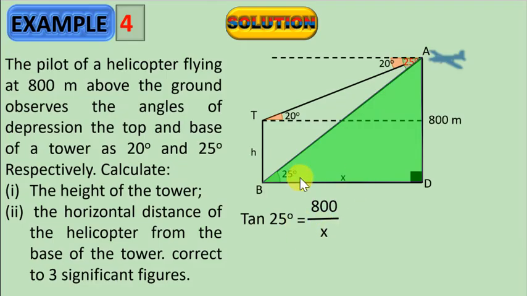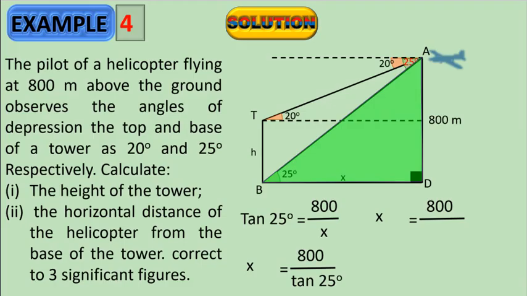So we make x the subject by cross multiplying and dividing by tan 25. So x will give me 800 divided by tan 25. Then use your calculator. Make sure the mode of the calculator is in degrees. Find tan 25 degrees.